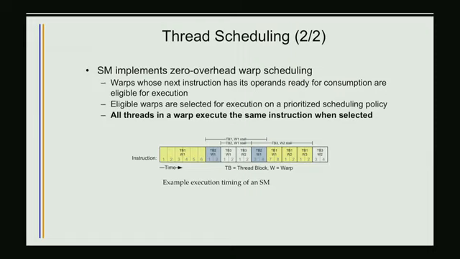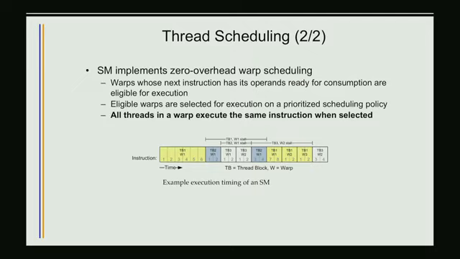Any questions on that? There's a question in the back, yes. So, if the number of threads in a block is a multiple of 32, does a warp contain threads across the block? No, they will only contain threads within that block, but you bring up a very good point.